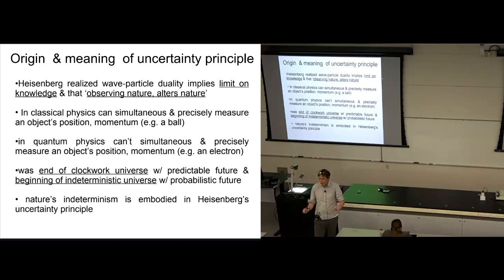In Newton's universe, if you could know the position and the velocity of every particle in the universe, you can't know it in practice, but if you could know it in principle, position of every particle and velocity of every particle in the universe, then you could exactly predict the future. You could exactly determine the future.